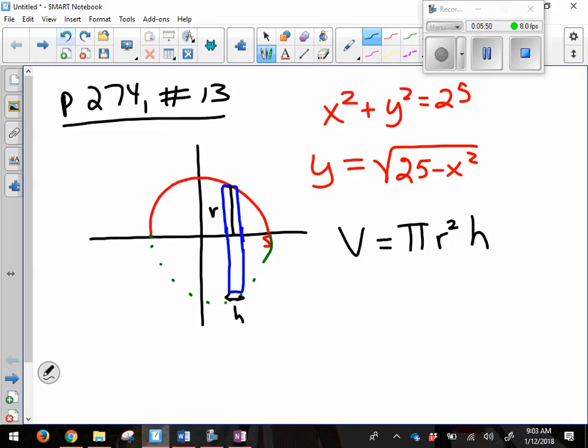Okay, well, and that's why we have to, oh, okay. Yeah. Okay, so what's r gonna be? It's the y value. And I know that my y value is the square root of 25 minus x squared.